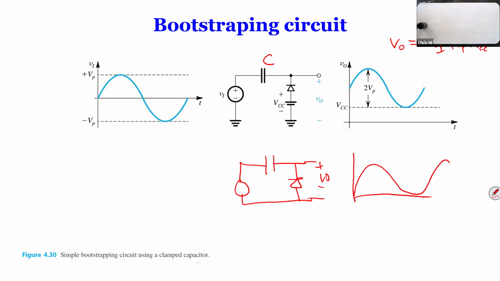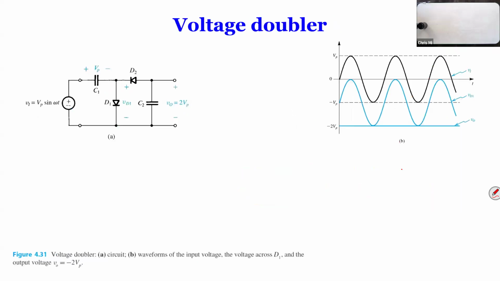So everything is shifted up. The bottom is VCC, and half is VP. The bottom figure is simply VI plus VP, so half is VP. This doesn't need much more explanation. It just does it that way.